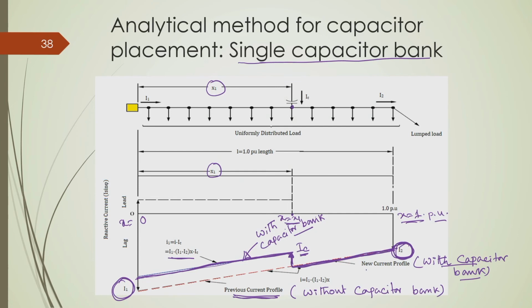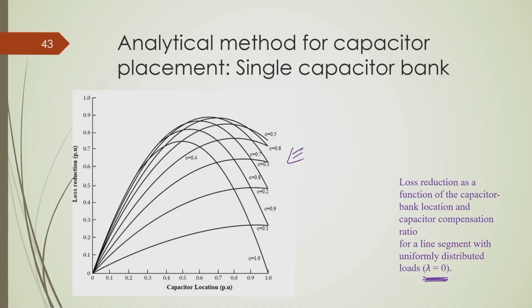When is it possible? When these loads are only uniformly distributed. I explained this in module 2. So, lambda equal to 0 corresponds to the fact that line loads are uniformly distributed.